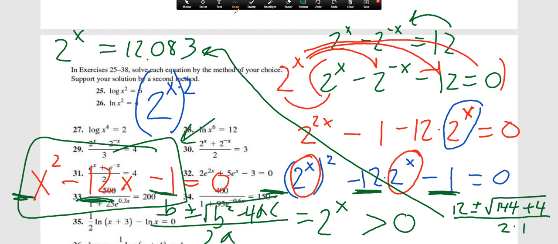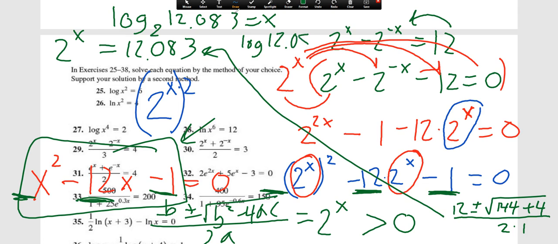That's right. What's the base? 2. The argument 12.083 equals x. How do you solve log base 2 of 12.083? Change the base, exactly, which I'm going to try to squeeze in here. Log of the argument over log of the old base.